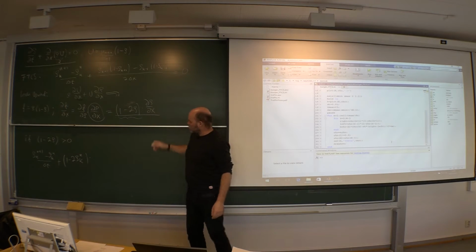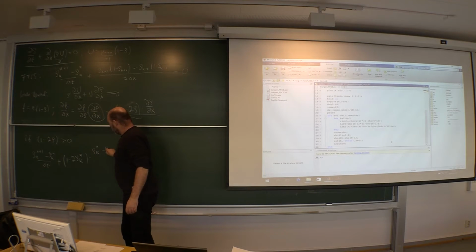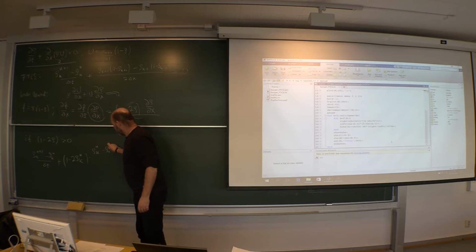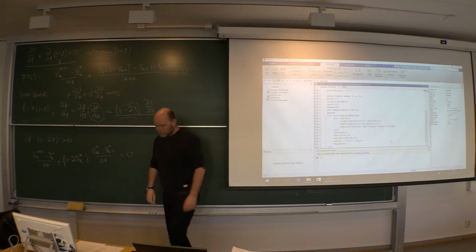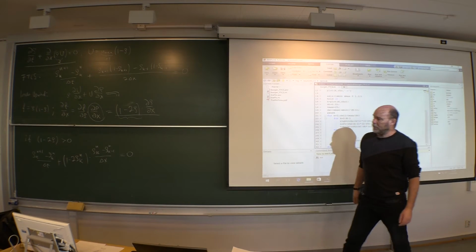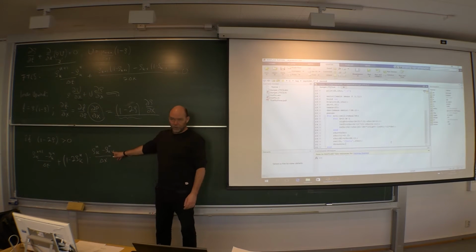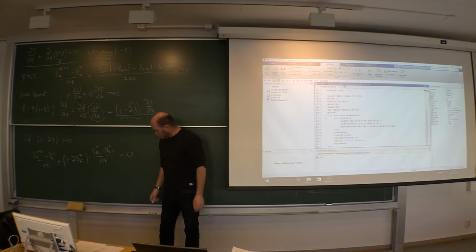So this one now should read something like rho k minus rho k minus 1 over one single delta x. That was if it was positive. If it was negative, okay, then it will be k plus 1 minus k. That's all.